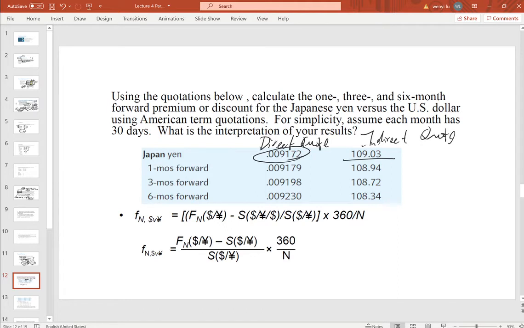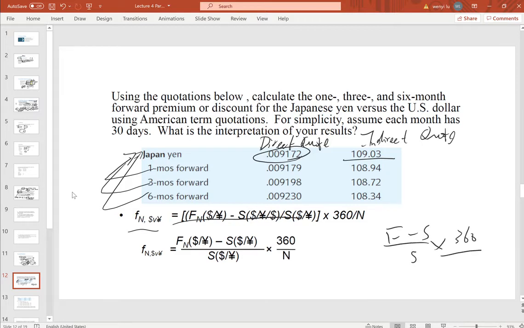So our premium compared with our spot rate, use the formula F minus S over S times 360 over how many days in a contract. For example, a month forward will be 30 days, 3 months will be 90 days, and 6 months will be 180 days. Depends on how long the maturity of the forward contract. You will choose the number accordingly.